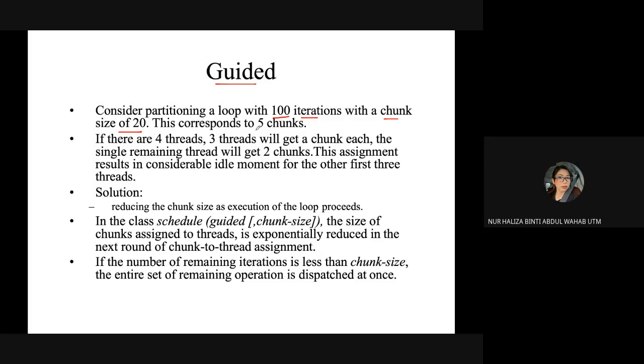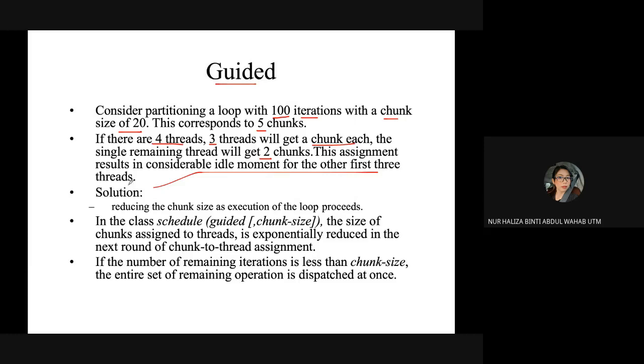This corresponds to 5 chunks. If there are 3 threads, each thread will get a chunk, and the remaining chunks will be assigned to whichever becomes idle first. This assignment results in considering idle mode, which is dynamic.